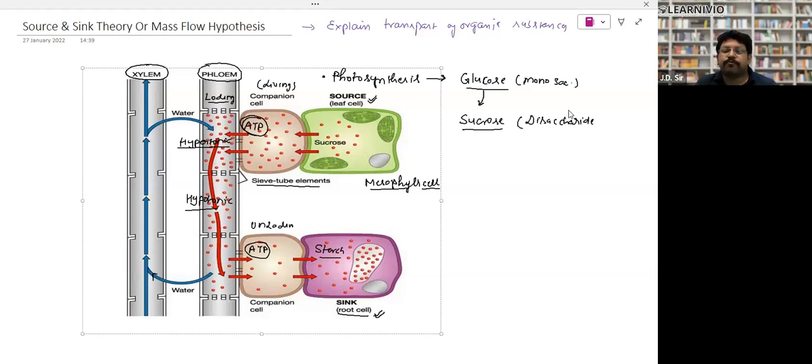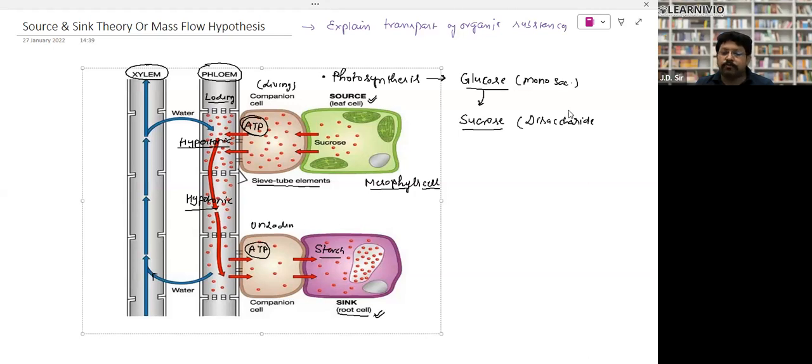The part where the food formation takes place, we call that part source. So normally the formation of food takes place in leaf. So our source is leaf. Now those parts where the food storage is taking place or food is required for the growth and normal metabolism, that part is called sink.